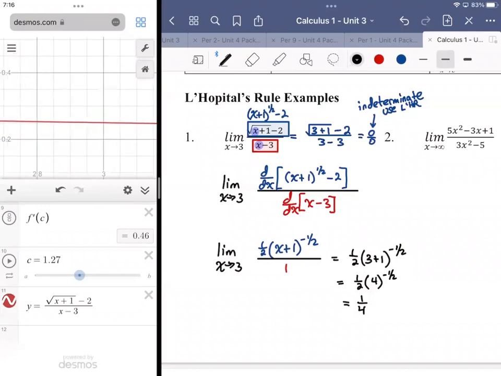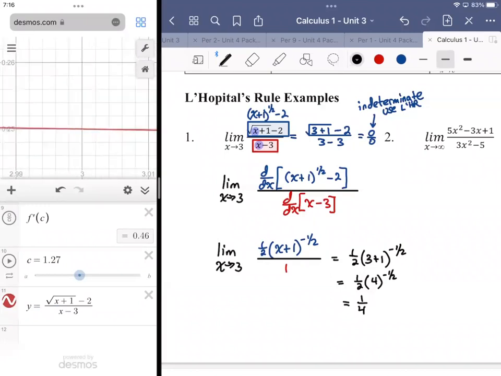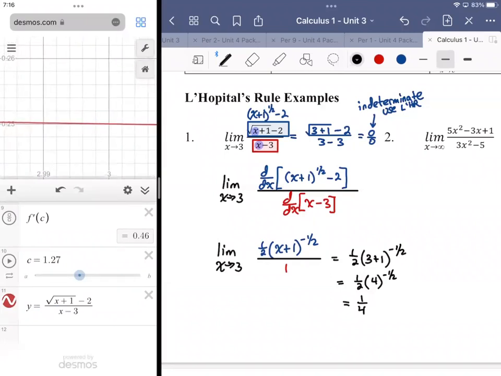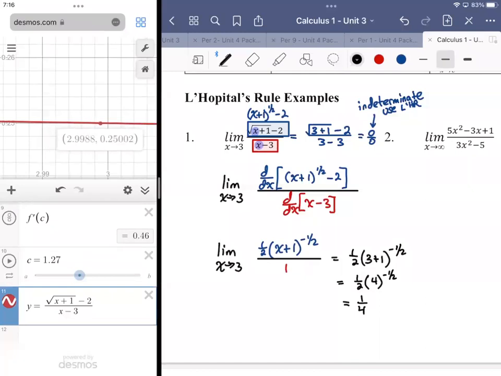But if I get closer and closer and closer, as close as I can, it's hard to see on the left side of the screen, but that does look like it's hitting around 0.25. If I zoom and enhance, it appears that I'm getting closer and closer to 0.25 for the y value.